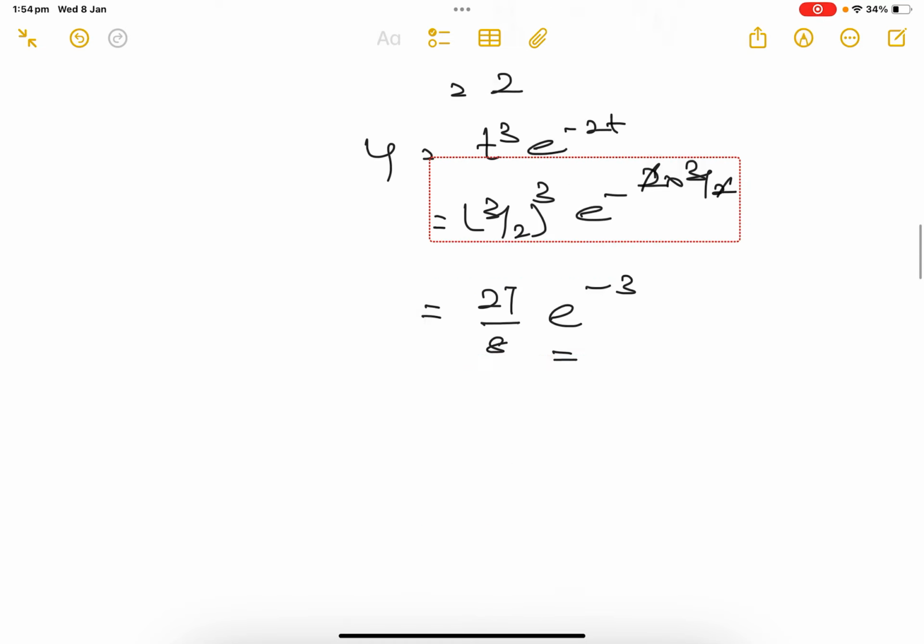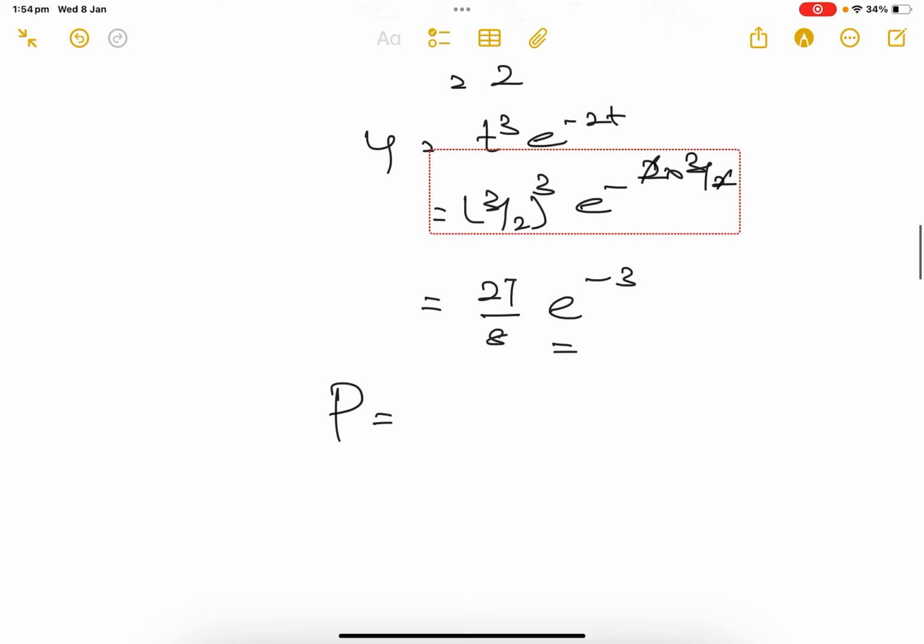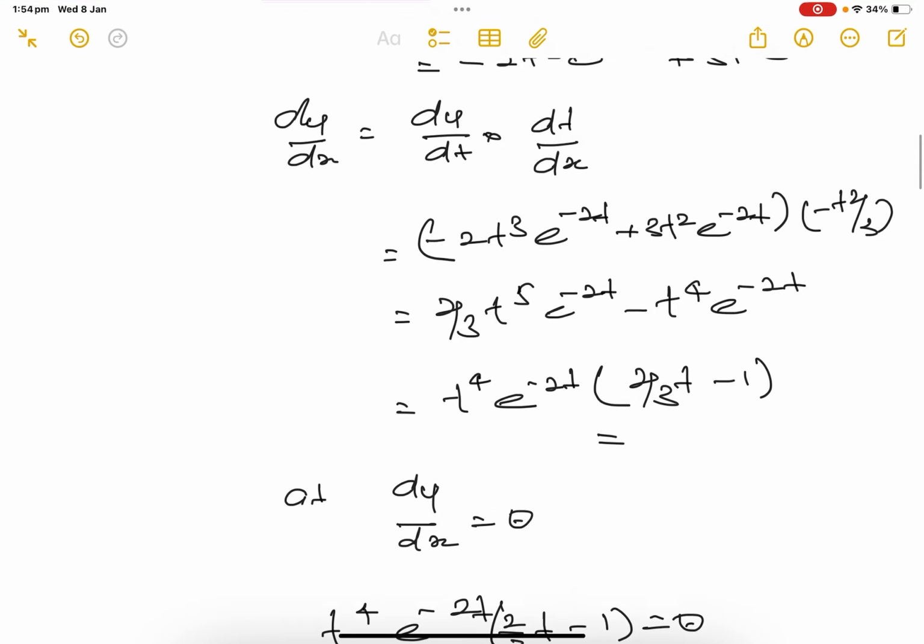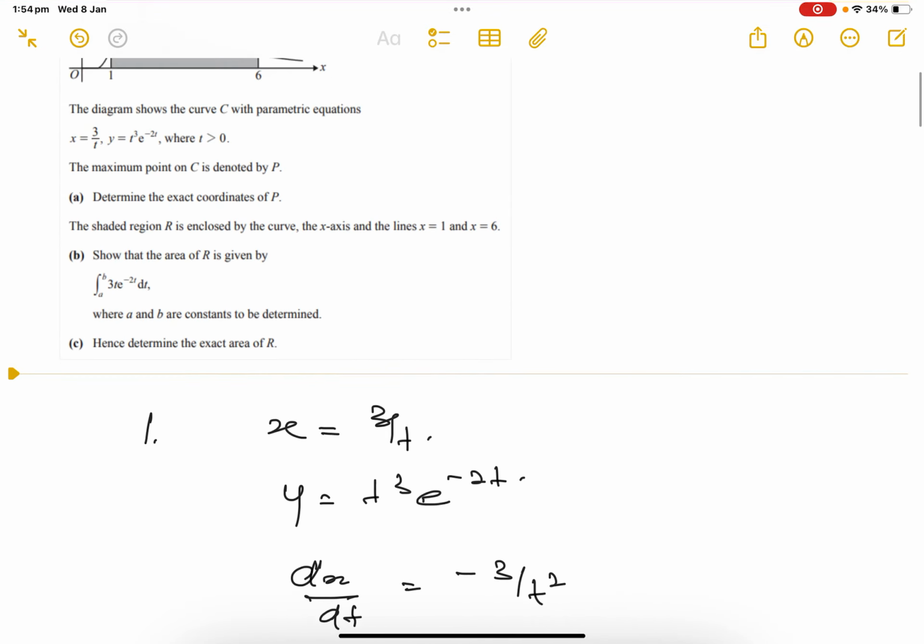So the coordinates of P are 2, 27/8 e to the minus 3. So the coordinates of P are found.